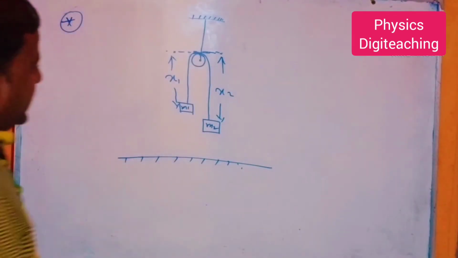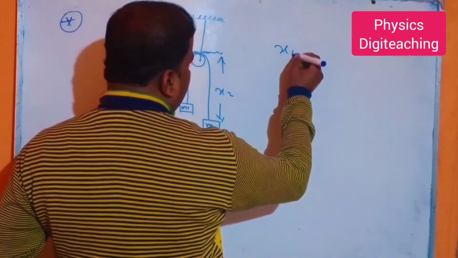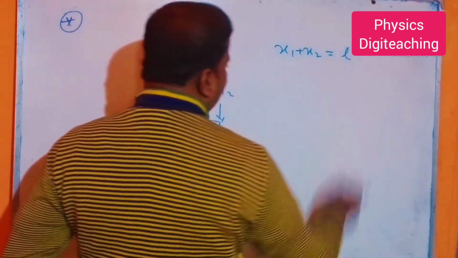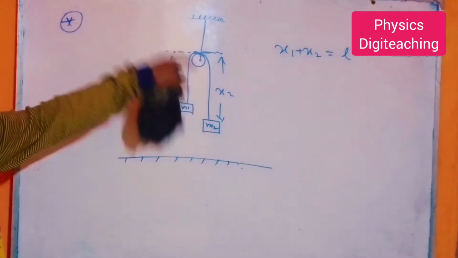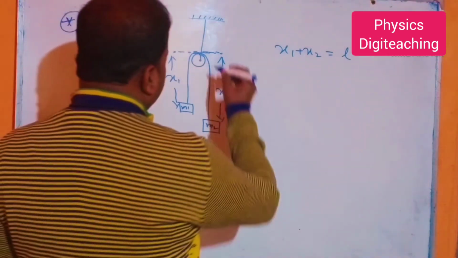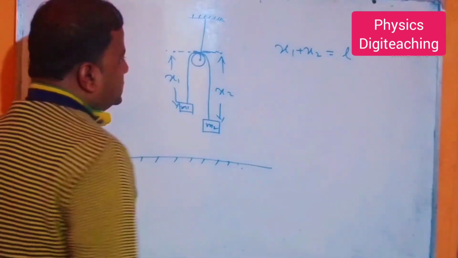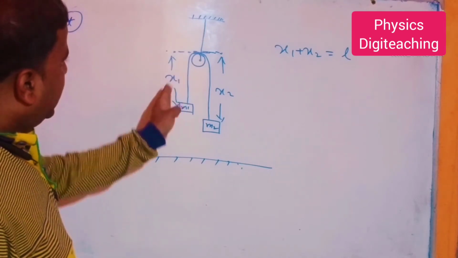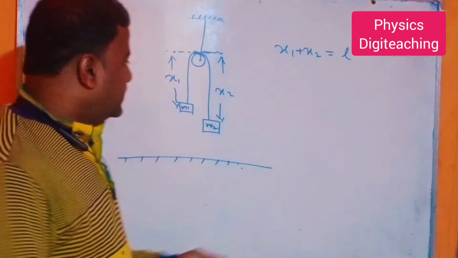Here we see that x1 plus x2 equals L. What is L? The length of the rope. Now we differentiate. Here L is always fixed.